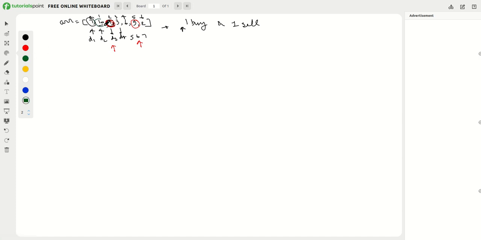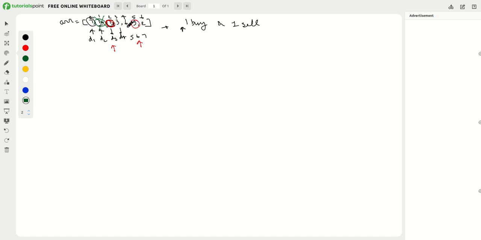On day 2 the stock price is the maximum, 10, but there is a condition: when we buy, that will be the minimum, and when we sell, that will be the maximum, but we can't sell before buying, right? So if we are buying on day 3, then we can't sell on day 2. So we can sell only on day 4, day 5, day 6, and day 7, right? So this one will be discarded. So on day 3 we will buy, and at the price 9 we will sell.